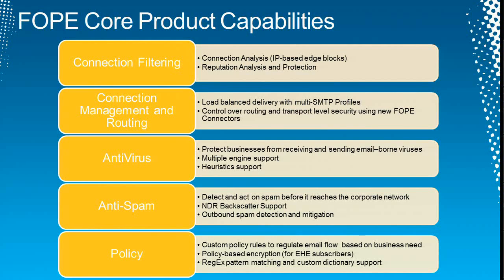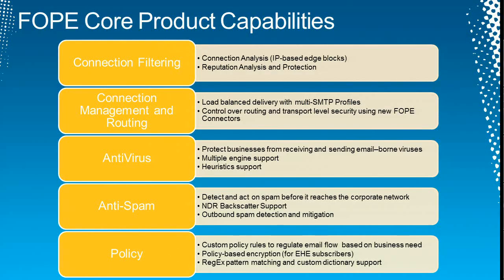We have NDR backscatter support, so you can configure it to prevent NDR backscatter, i.e. a non-delivery receipt where a spammer has maliciously spoofed the sender address and it's intended to come back as spam. And we have outbound spam detection and mitigation, and I'll show you a bit about that and talk about why you would use FOPI for outbound.